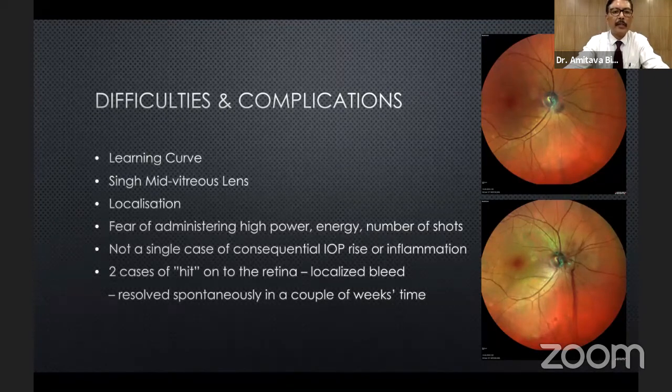In the initial days, I also had this fear of administering a lot of power or energy or a lot of shots. Dr. Dhawal Rajiwala has asked a question about how many shots. I think that has already been answered. You mentioned that in one session, you limit yourself to about 400 to 600 shots. He has asked another question: how much energy per shot?